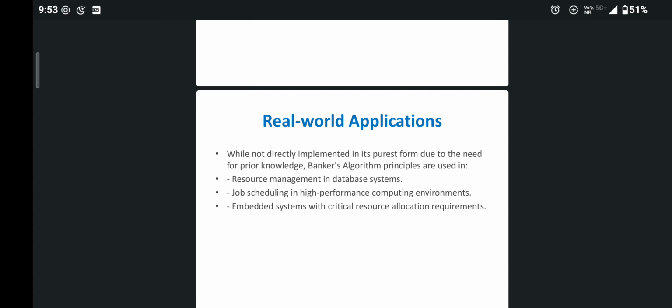That is not good at all. While not directly implemented in its pure form due to the need for prior knowledge, Banker's algorithm principles are used in resource management in database systems, job scheduling in high performance computing environments, and embedded systems with critical resource allocation.